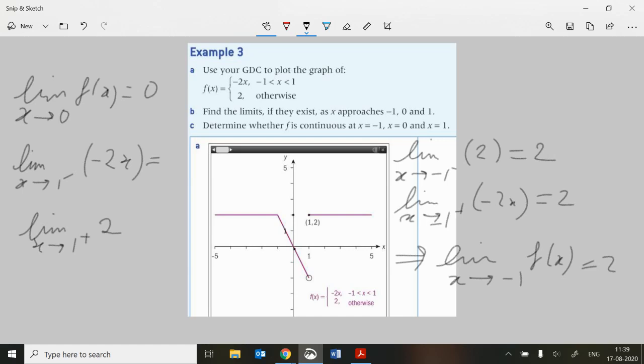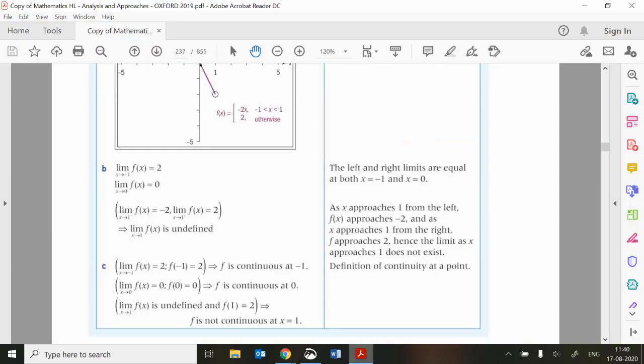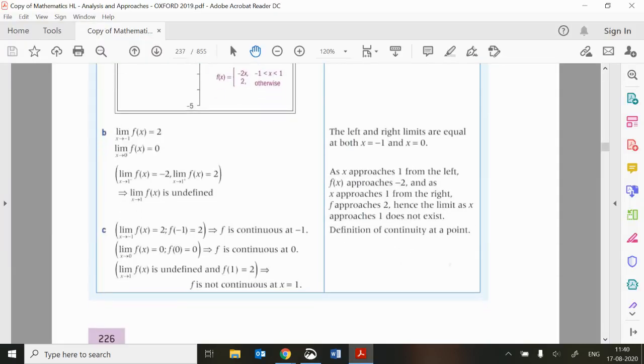Now we can see that these are tending to two different things. So this is tending to 2, and this one here is tending to -2. Therefore, there is no limit as x tends to 1. The limit of f(x) does not exist. Okay, so that one doesn't exist. And you can see the book is saying, yeah, it doesn't exist or it's undefined.